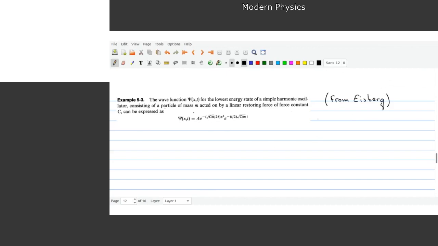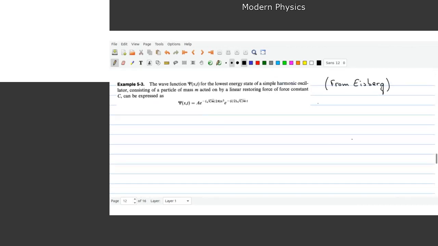This wave function is the wave function for the lowest energy state of a simple harmonic oscillator. So what is this lowest state?